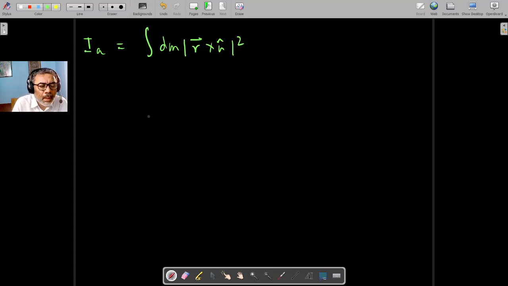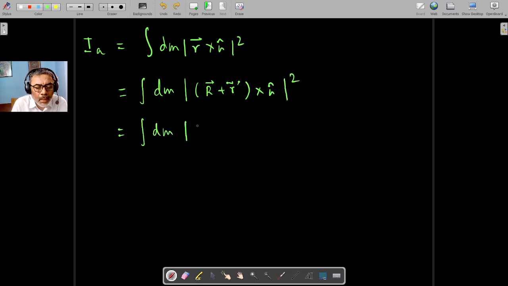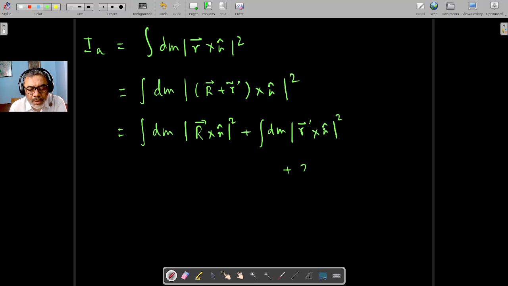Now IA is integral dm |(R plus r dash) cross n| square, which is integral dm |R cross n| square plus integral dm |r dash cross n| square plus there is a cross term, 2 integral (R cross n) dot (r dash cross n) dm.